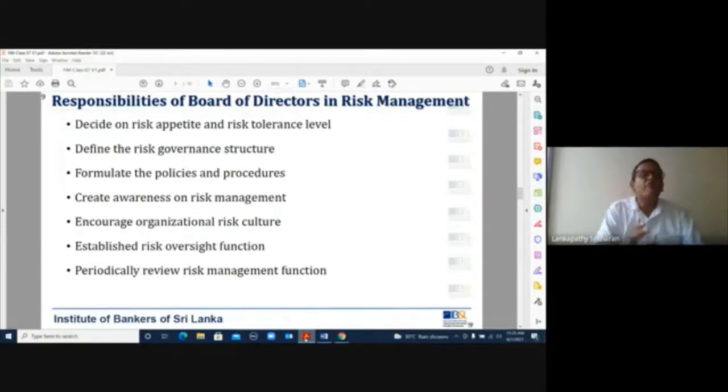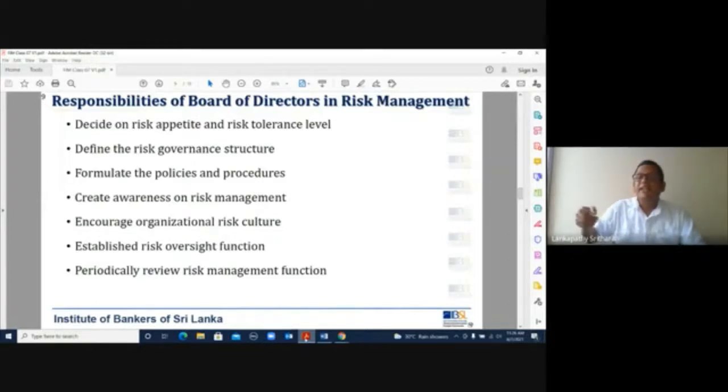Create awareness on risk management, which is most important, because risk management is a joint responsibility. Not only the chief risk officer, not only the board of directors, not only the manager, but every staff member, even a garden cleaner, has to know about risk management.